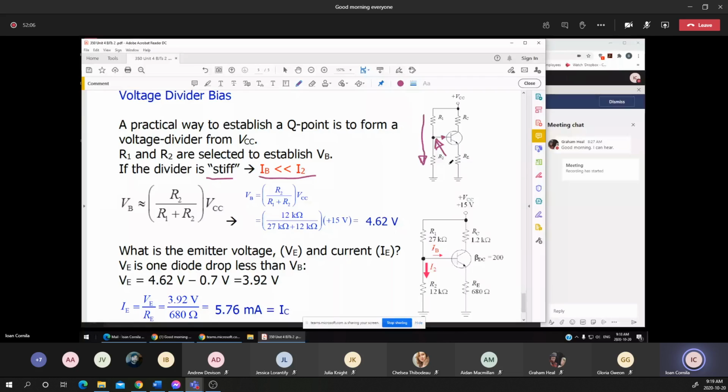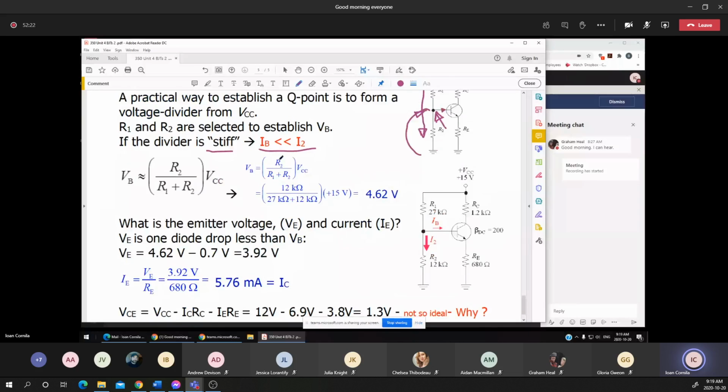You notice that VB is actually the voltage across R2. R1 and R2 are connected in series, so I can apply the voltage divider rule to determine VB: R2 over R1 plus R2, times VCC.